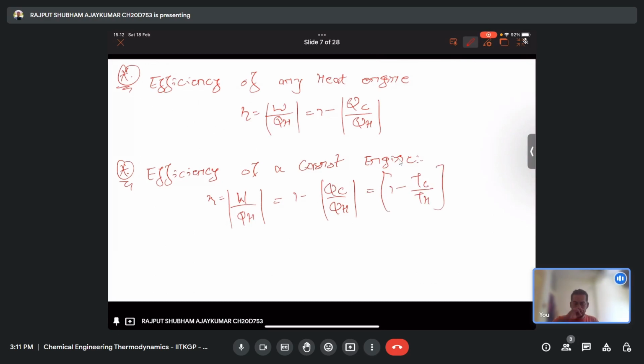TC is the temperature of the cooling media and TH is the temperature of the heating media. So these are the source and the sink, two different terms.